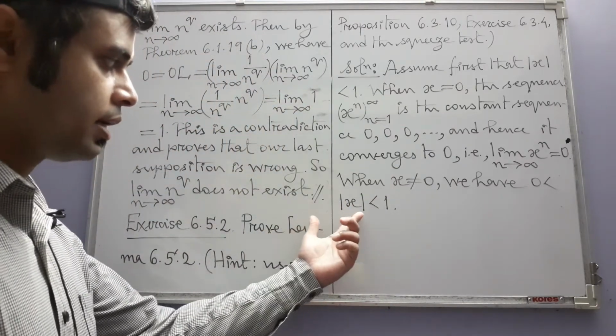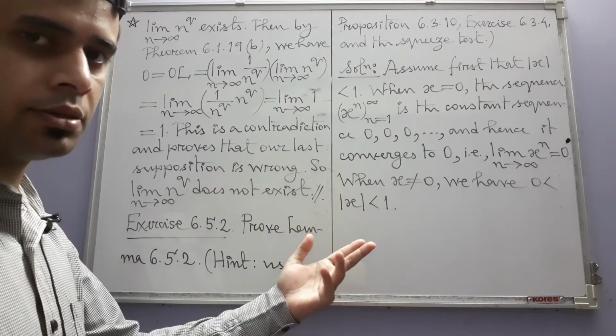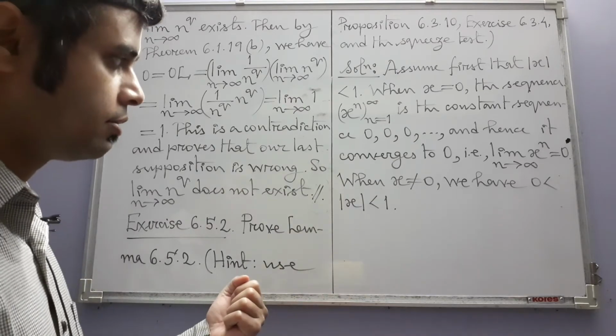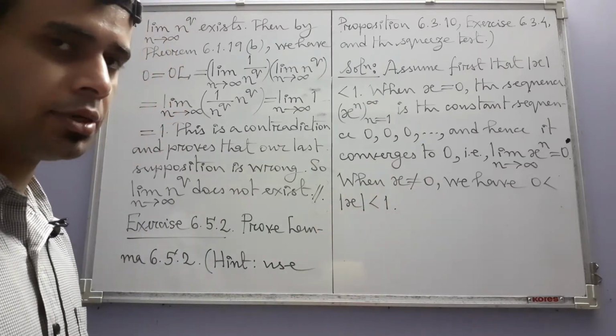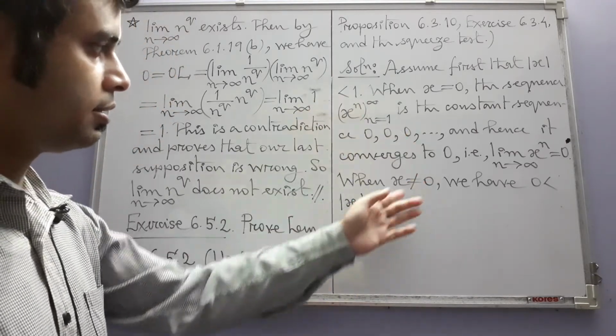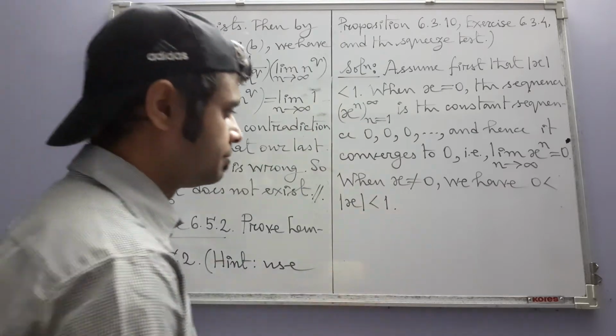We already know that the absolute value of any real number is non-negative. It's greater than or equal to 0. So when the real number is non-zero, then the absolute value is strictly positive. And our assumption is that that is also less than 1.